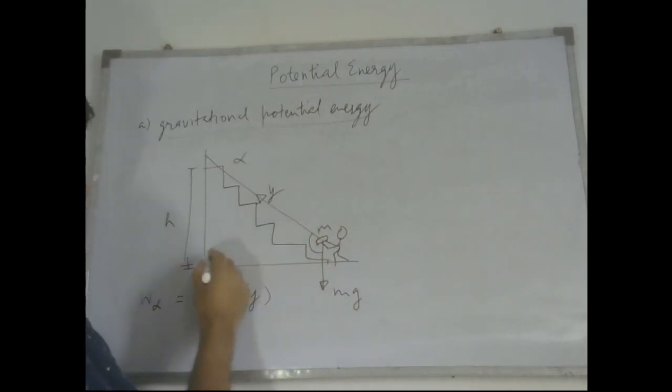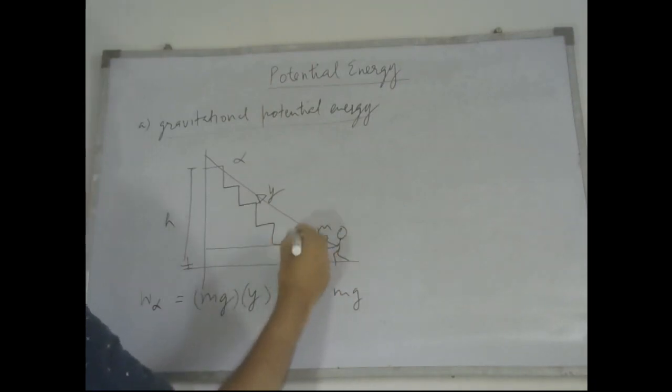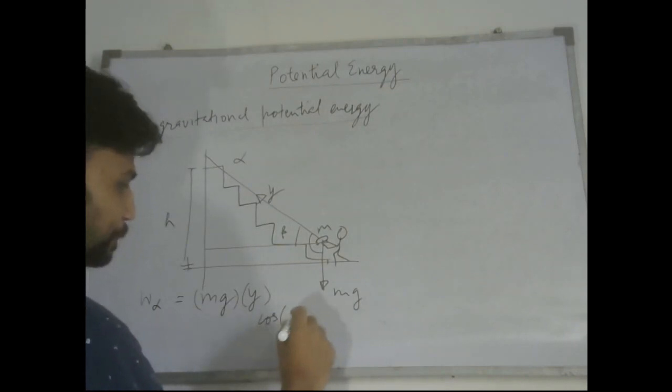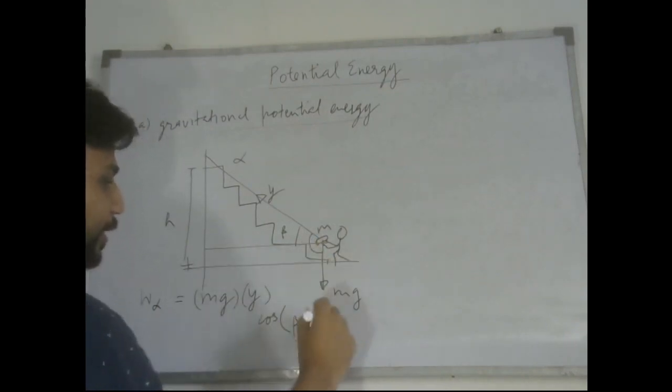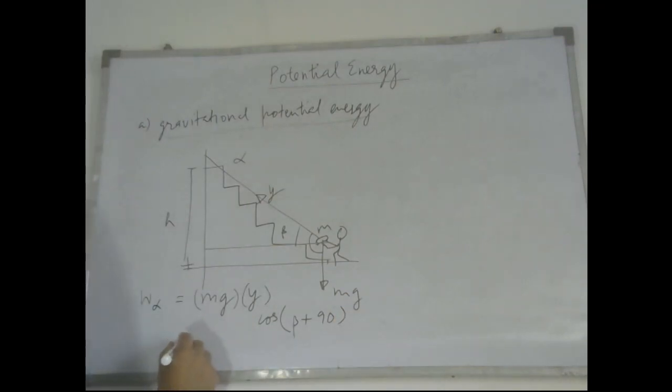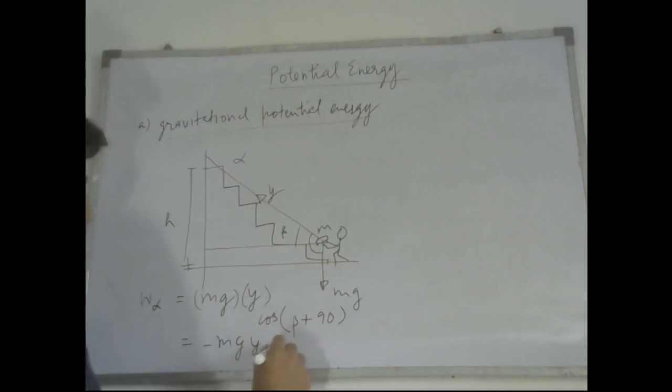Let's say this value is some beta, so this obtuse angle would give cos of beta plus 90 degrees. So this would come out to be minus mg y sin beta. This would be the work done along the alpha path.